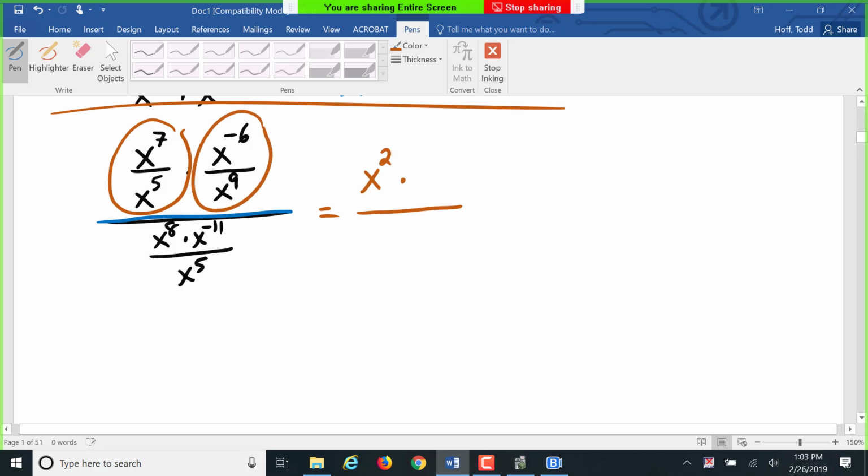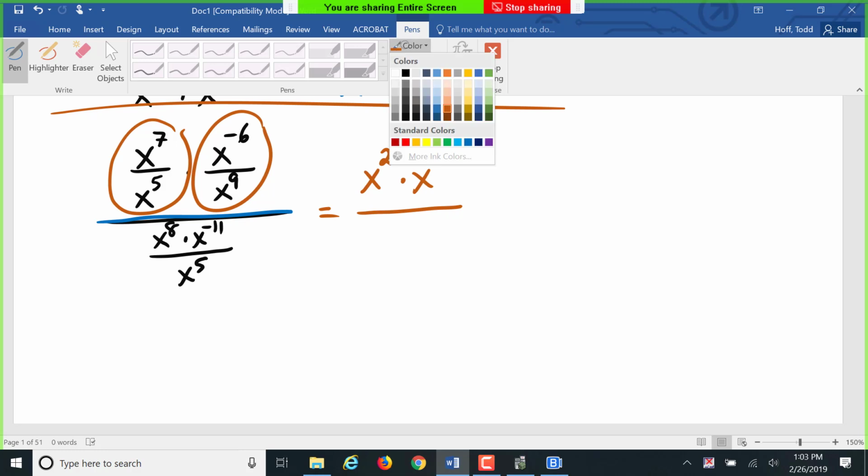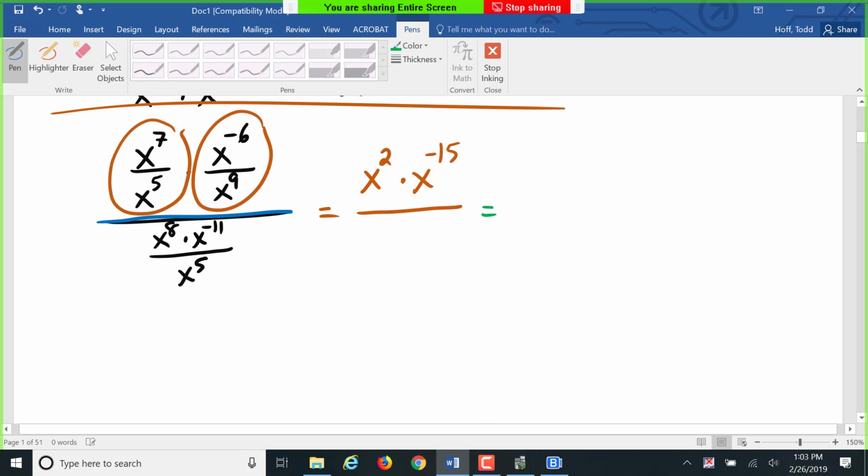Then we have x to the negative 6th divided by x to the 9th. Perfect, x to the negative 15. Now technically we should keep going with that. What is x to the 2nd times x to the negative 15th? Good, it's 2 plus negative 15 is negative 13.